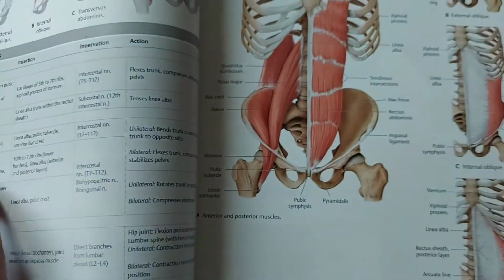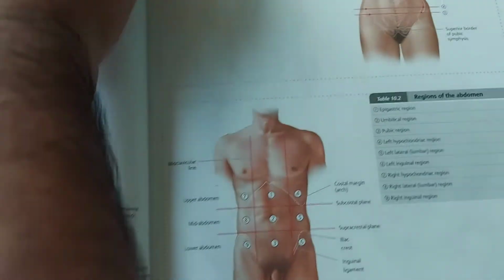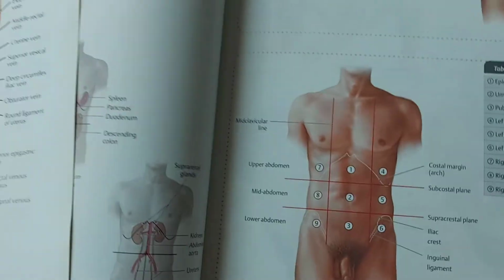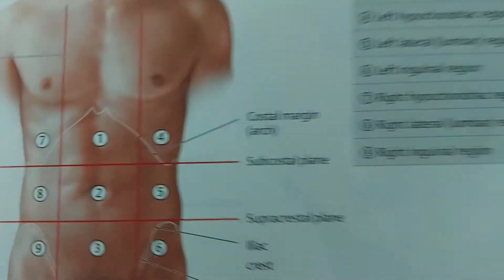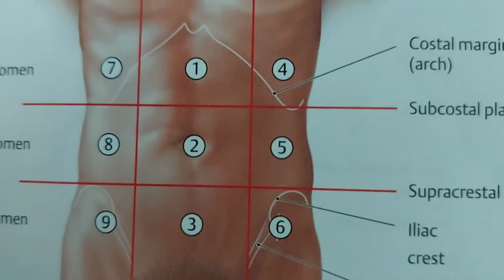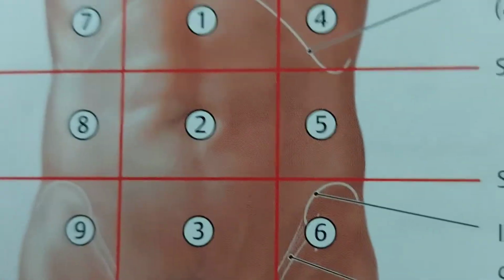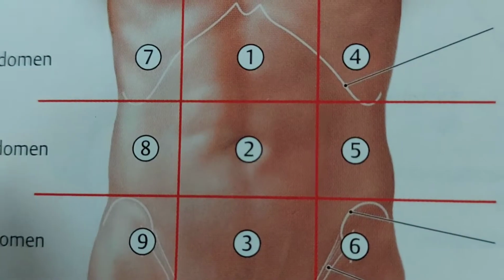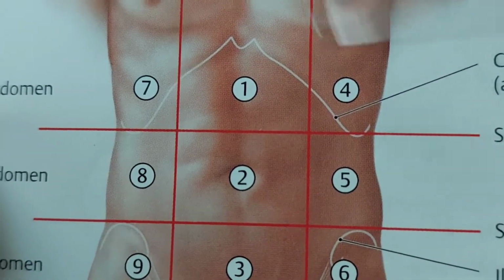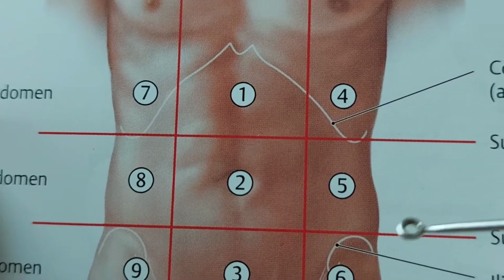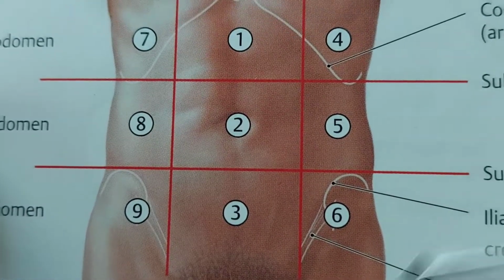And for descriptive purposes, the abdomen is divided into different regions through horizontal and vertical lines. Here we see the abdomen, and it has two horizontal lines and two vertical lines, and this divides the abdomen into 9 regions.